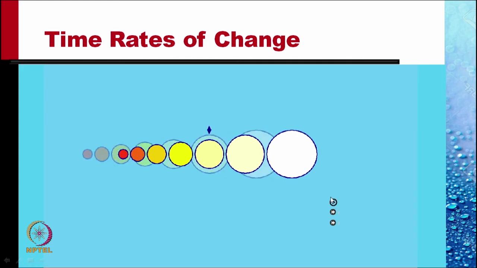After time delta t, the original row is now located at this configuration. The blue arrow is an observer observing the fluid property.